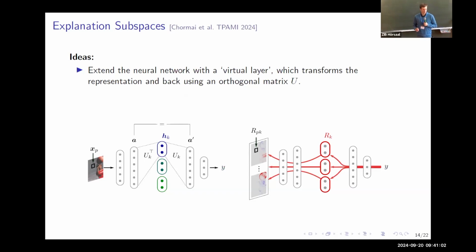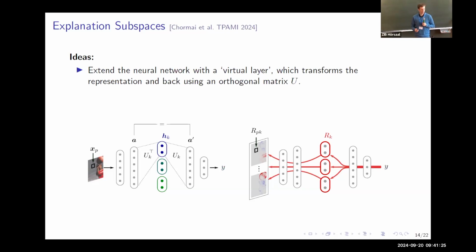And then we introduce what we call a virtual layer, which does some projection and back projection. If you insert this virtual layer in your network, it doesn't change anything. You effectively have the same function. But now you can design subspaces, trying to have them capture different aspects of the decision strategy.